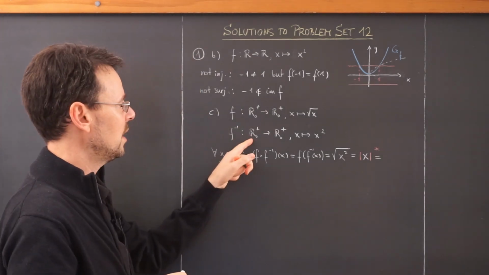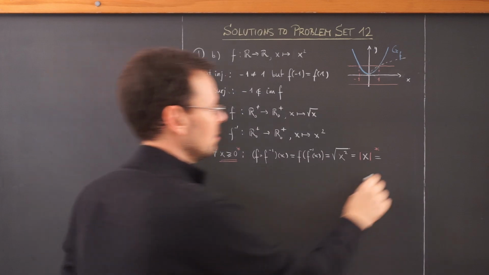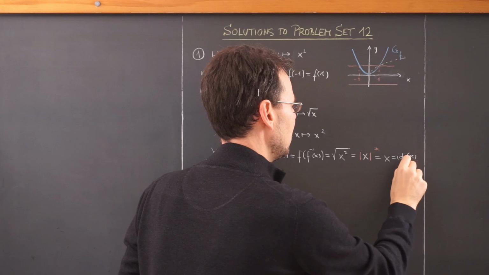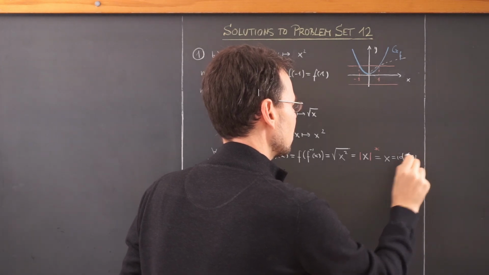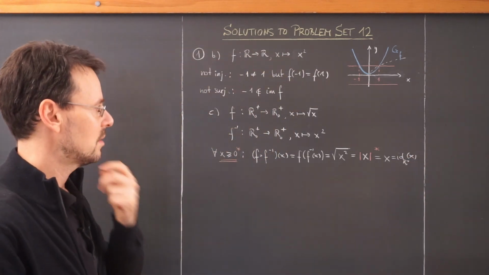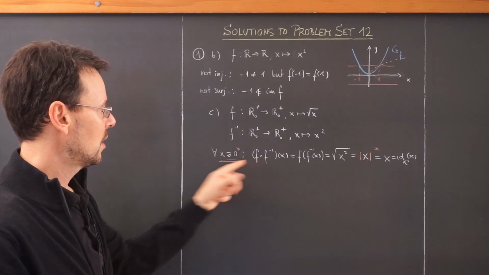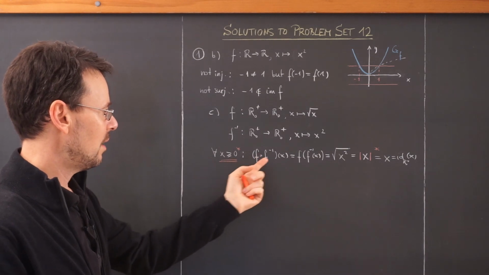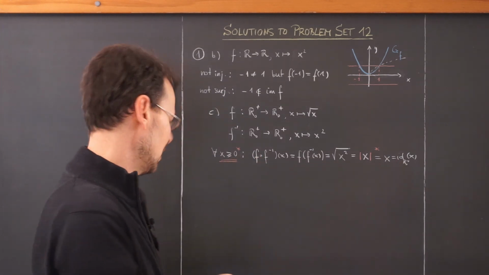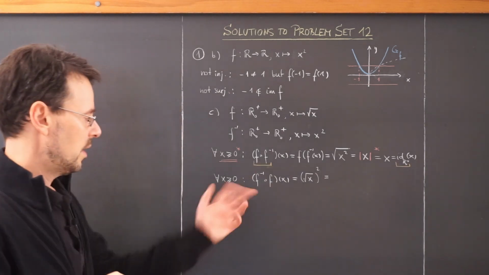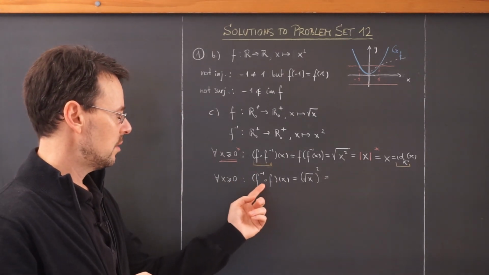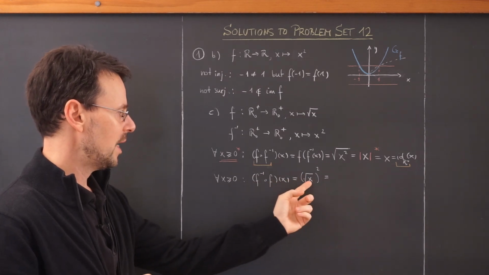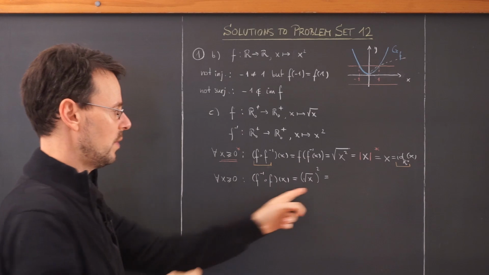But now our domain is such that we only have non-negative numbers, so this is the same as x, so this is the identity of R sub 0 plus of x. So this shows, because this is true for all x greater than or equal to 0, that f composed with f inverse is the identity. Okay, the other way round, we have this here, f inverse composed with f of x is the square root of x and then squared.